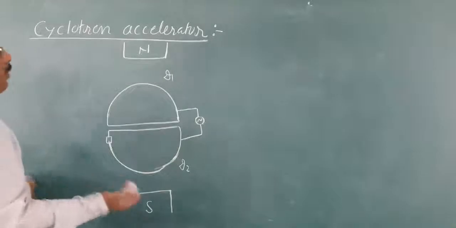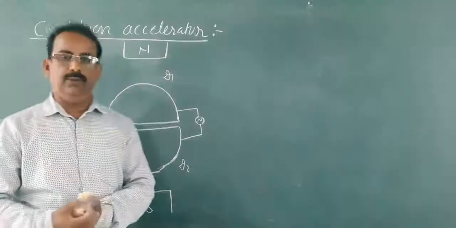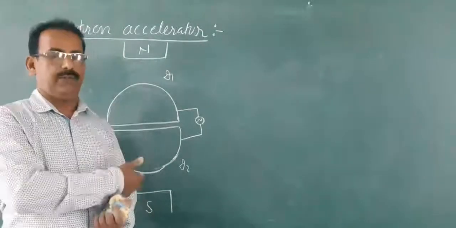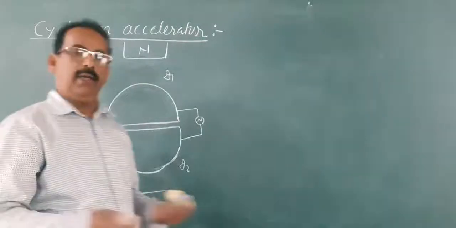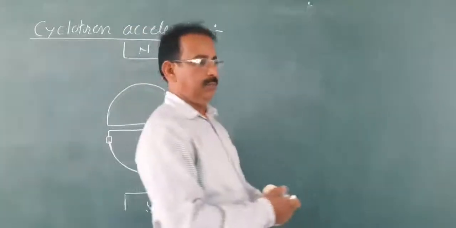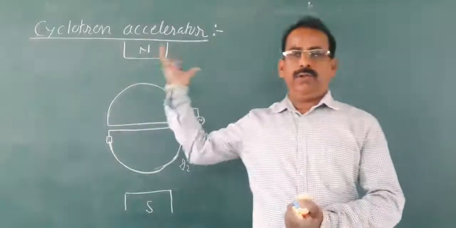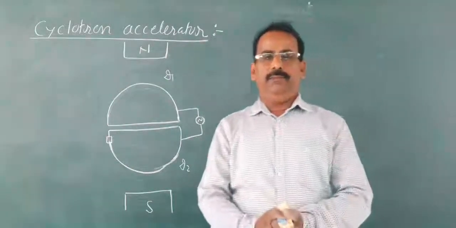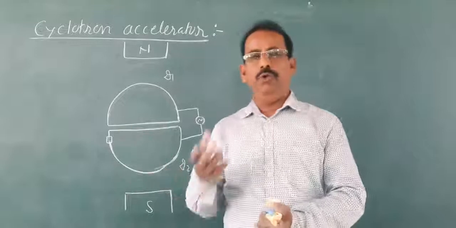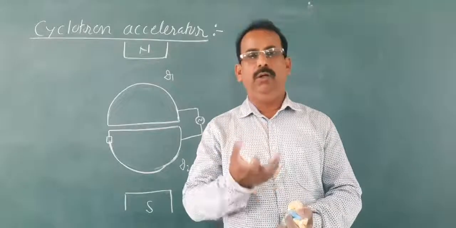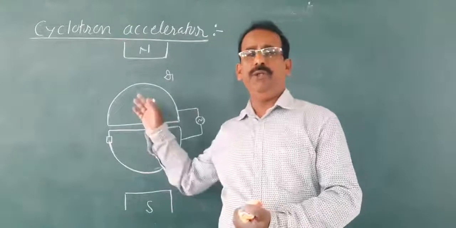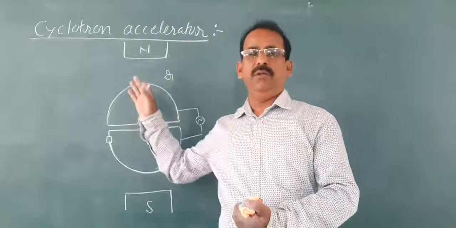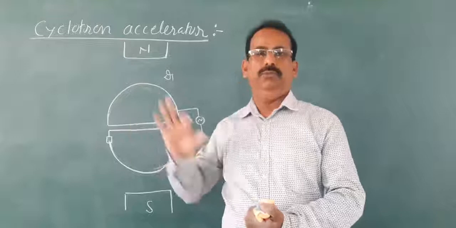Now, how is the working of this device? This is the construction. Again, I will explain construction. This cyclotron accelerator consists of two semicircular hollow metal chambers called Ds, as shown in figure. This is D1 and this is D2.